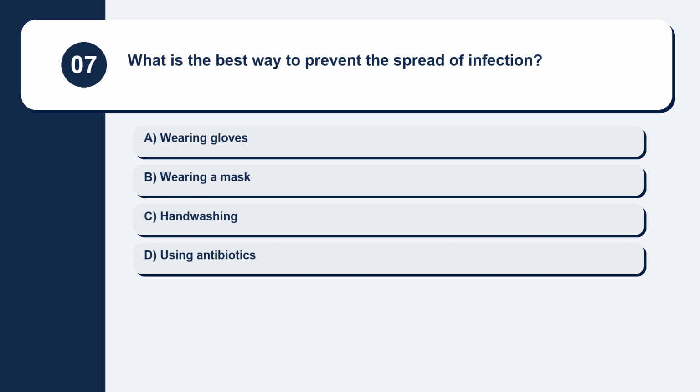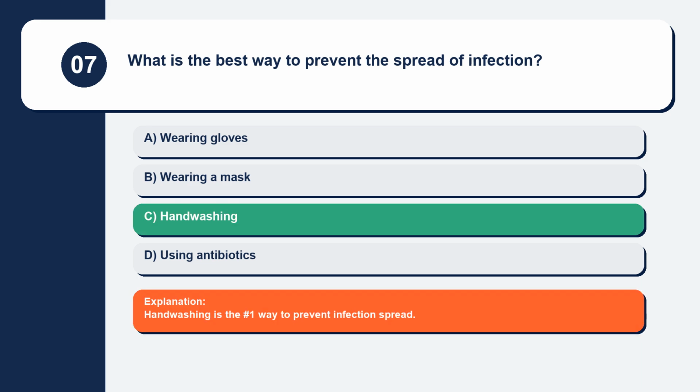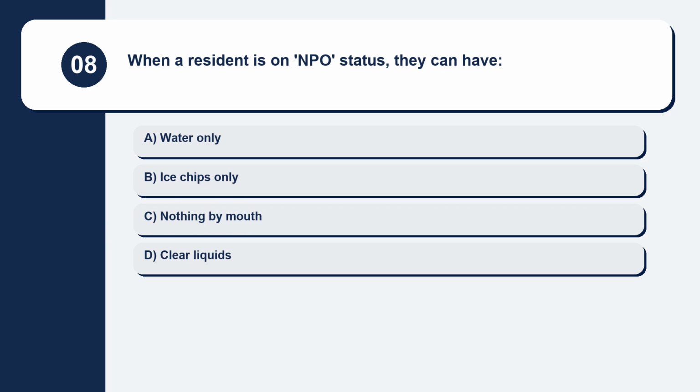Question 7. What is the best way to prevent the spread of infection? Wearing gloves, wearing a mask, hand washing, using antibiotics. Hand washing is the number one way to prevent infection spread. Question 8. When a resident is on NPO status, they can have water only, ice chips only, nothing by mouth, clear liquids.